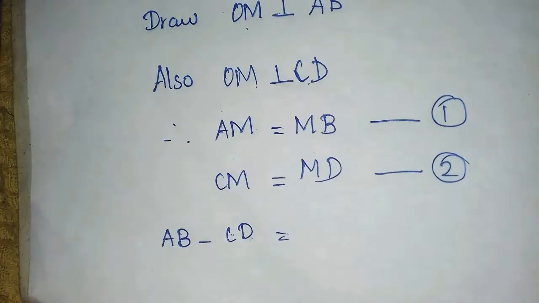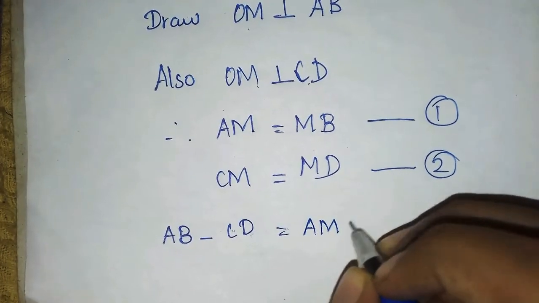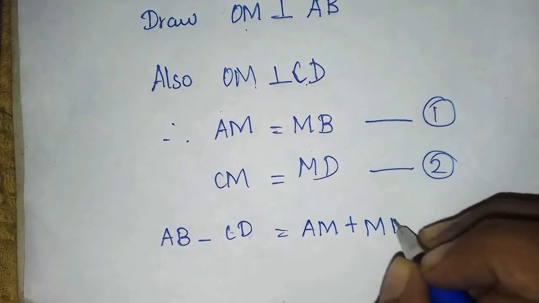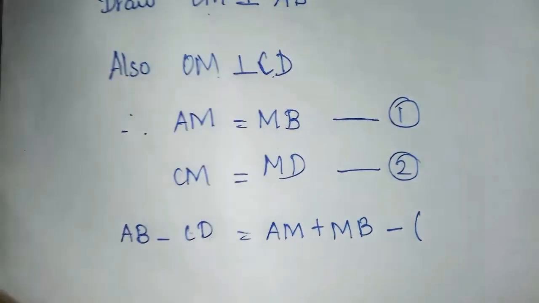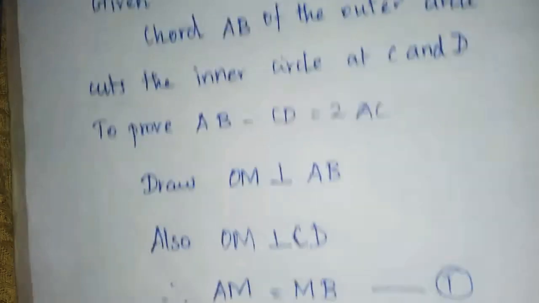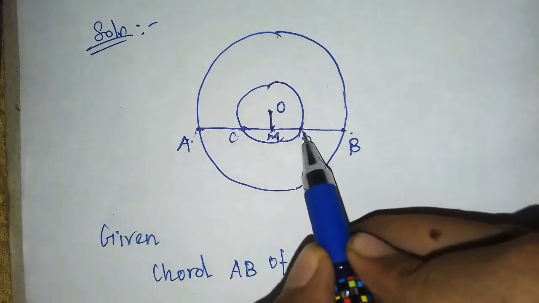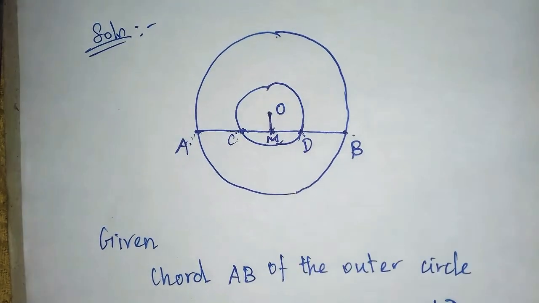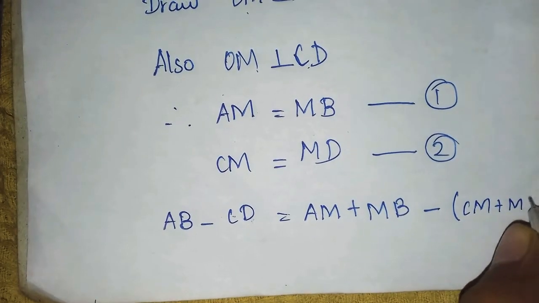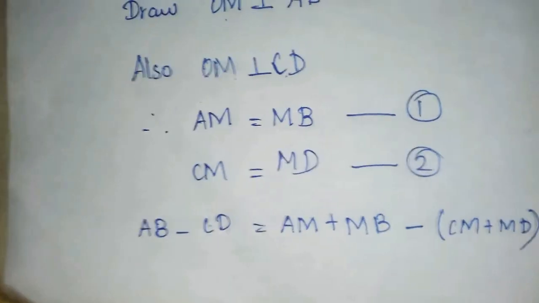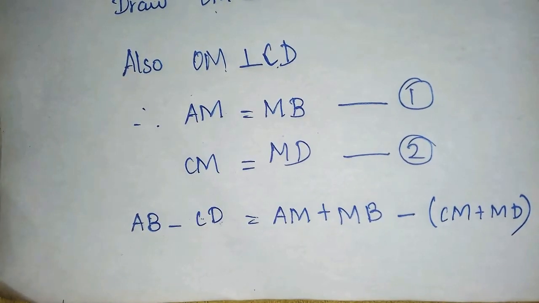Can we write like this? AM plus MB minus, what is CD? CD we can write as CM plus MD. We have written like this.